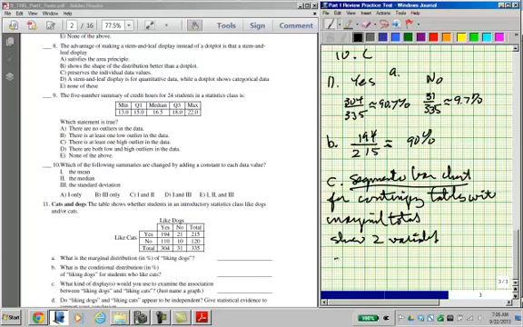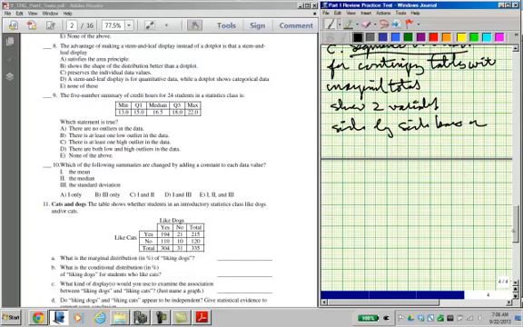But you could do side-by-side bars. Those would also be good. Or pies. Okay? All right. Do liking dogs and liking cats appear to be independent?